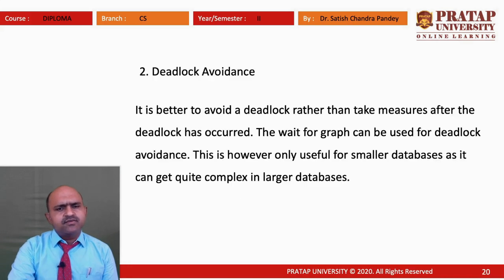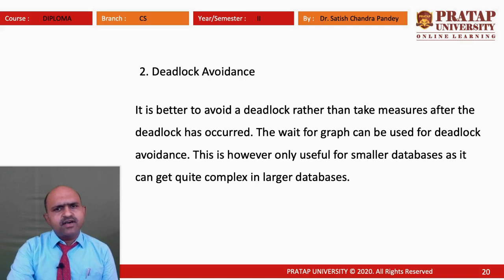Now, what is deadlock avoidance? It is better to avoid a deadlock rather than take measures after the deadlock has occurred. The wait-for graph can be used for deadlock avoidance.